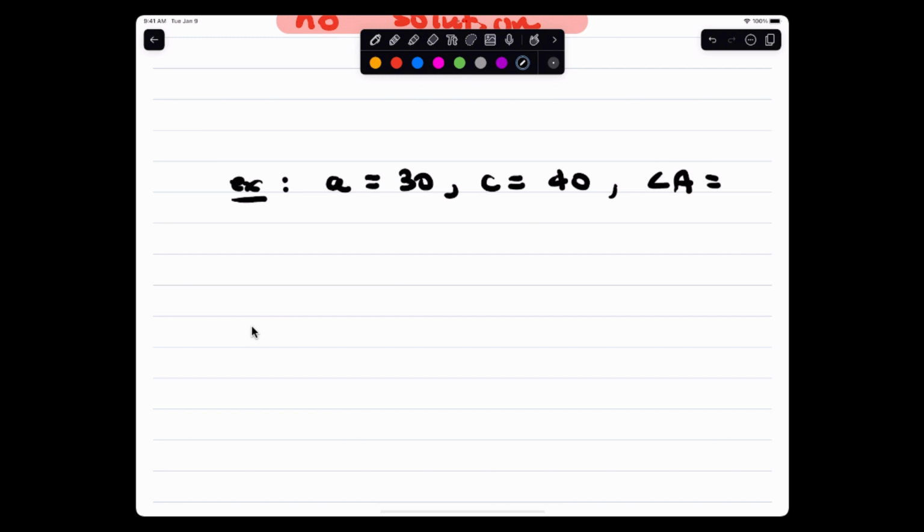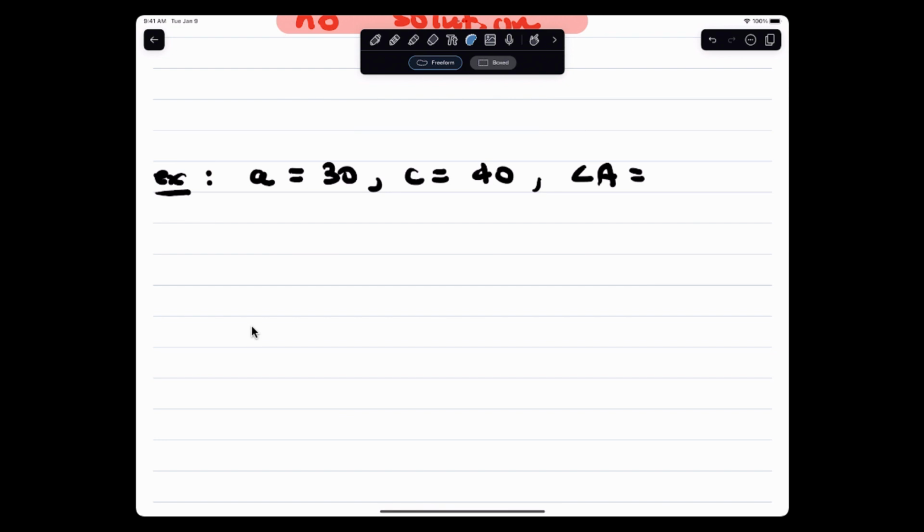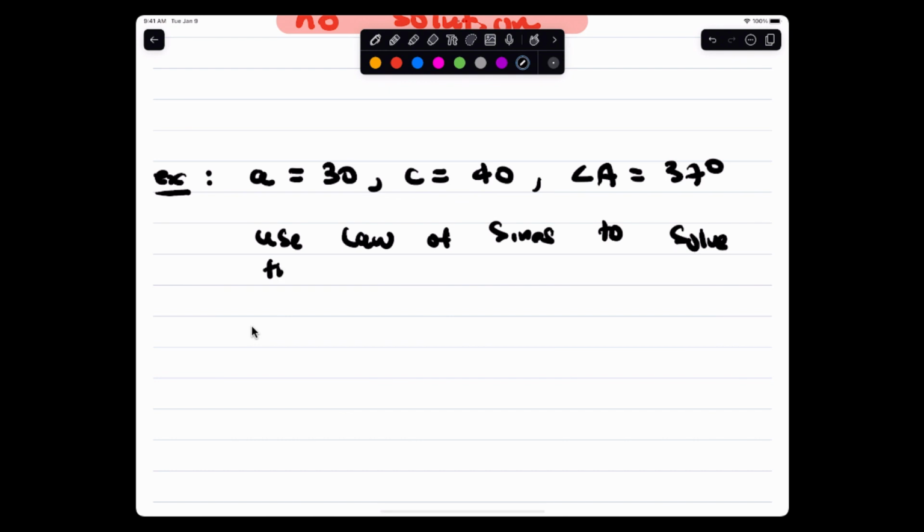Angle A is, what's angle A? 37 degrees. And they'll say use law of sines to solve the what? The triangle.